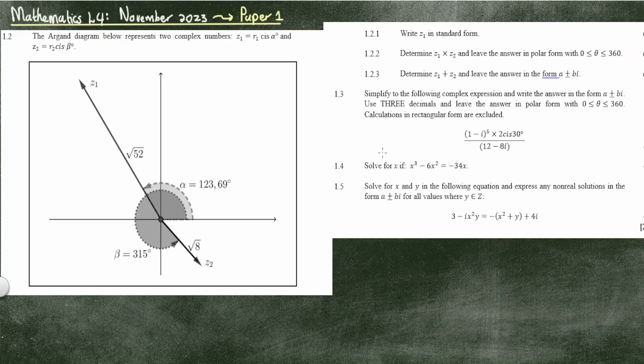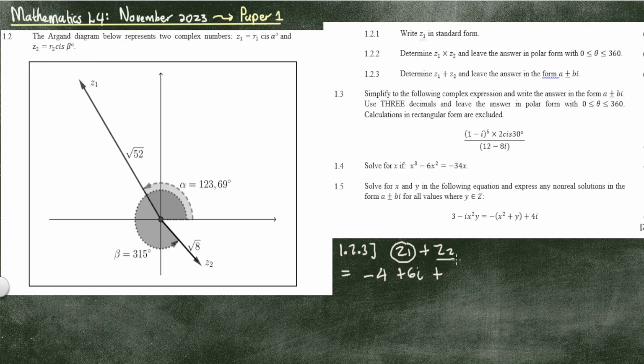So 1.2.3: z1 plus z2. We already have z1 in standard form from question 1.2.1, where we found z1 is minus 4 plus 6i.